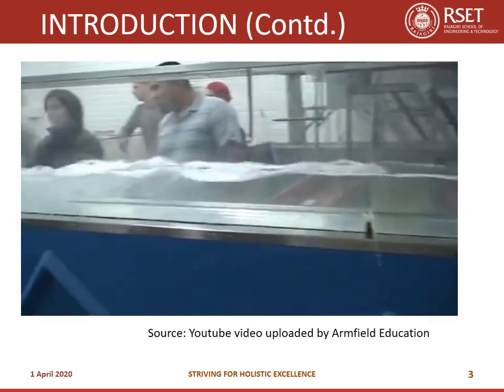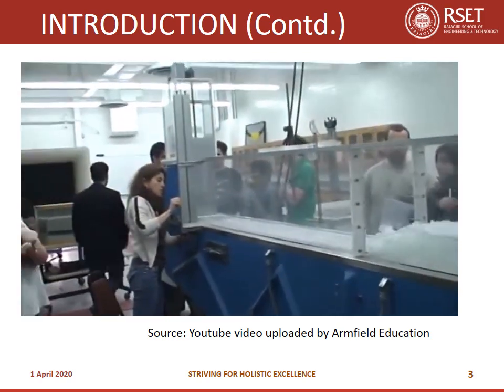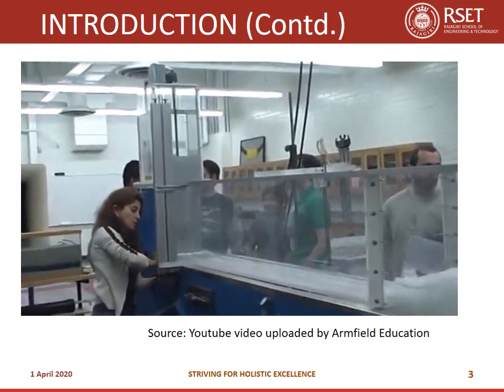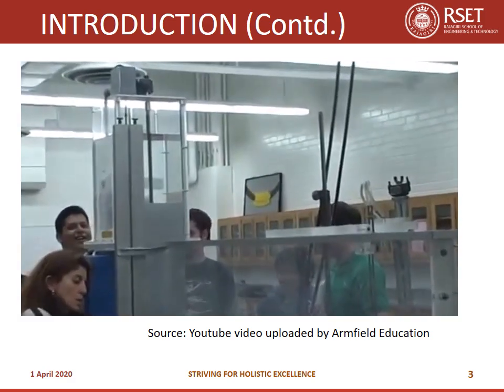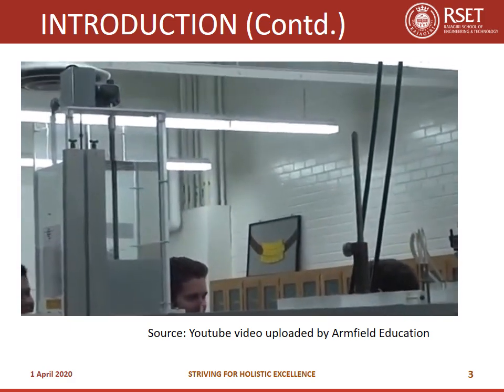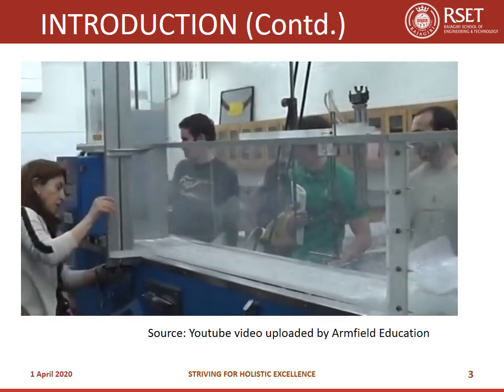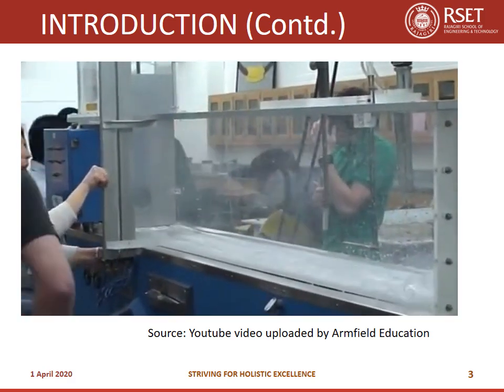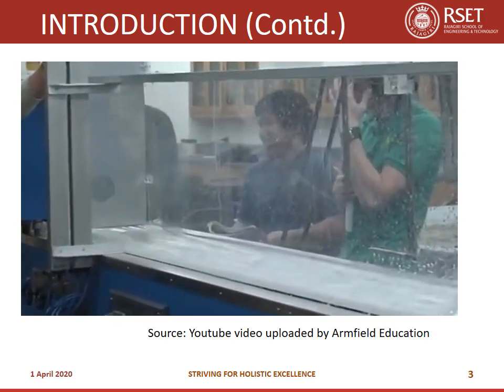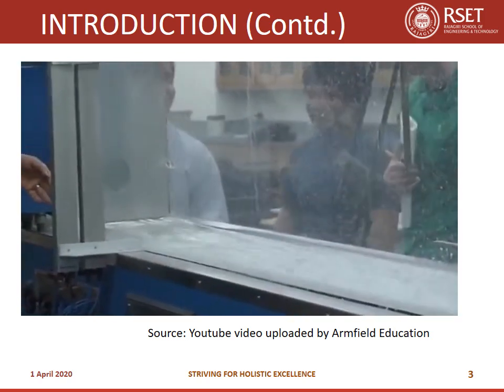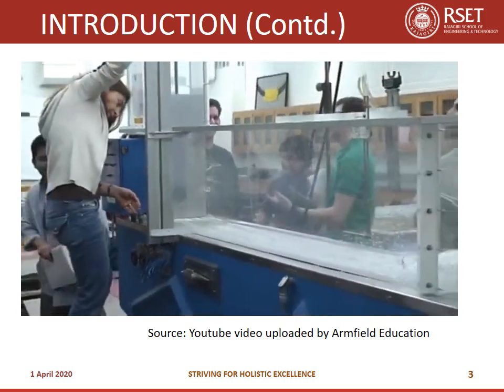This is the subcritical flow portion. That is the jump taking place. You can see the difference in water levels at the upstream and downstream sections of the flume.